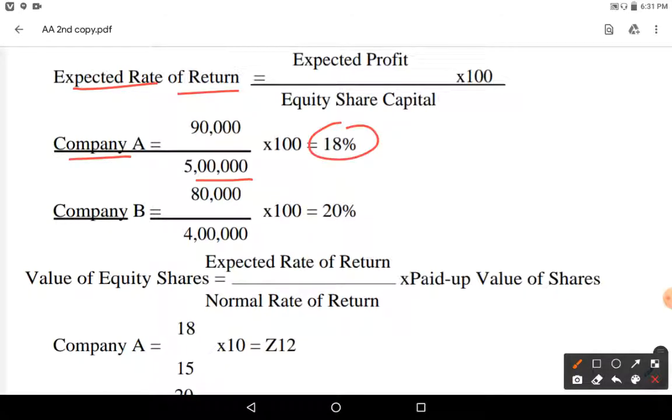Similarly for company B, expected profit 80,000, paid up share capital 4 lakhs into 100, it is 20%. This is how we need to do it. Simple: 3 zeros and 3 zeros eliminated, 2 zeros and 2 zeros eliminated, 4 ones are 4, 4 twos are 8, 1 zero is left, so you will get 20%. That's it, 20%.